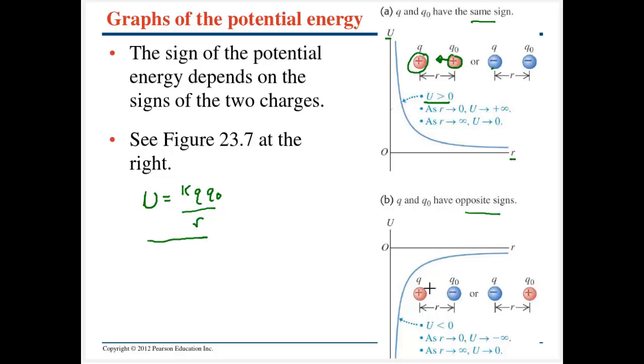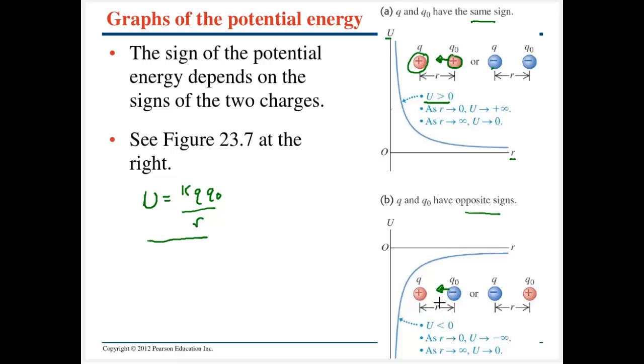If the charges have opposite signs and we're moving the test charge towards, say, a positive charge, well, that negative charge feels a force of attraction towards the positive charge. So really we have to keep it from rushing towards that.